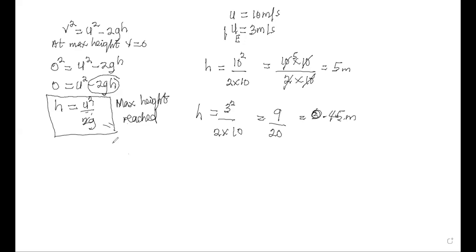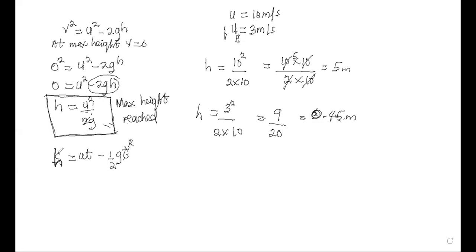Okay. So this is the expression for the maximum vertical height the body could reach when it is projected upwards. We can also derive this equation using equation 3. And equation 3 is H is equal to UT minus half GT squared.